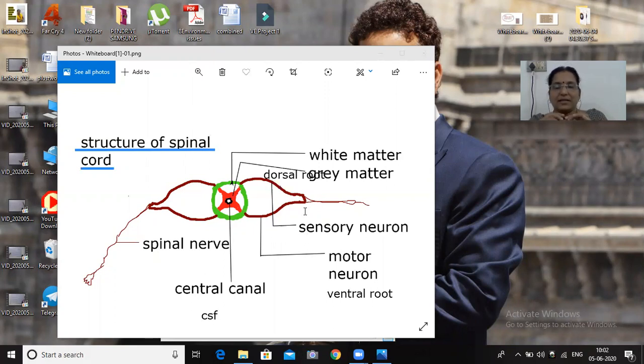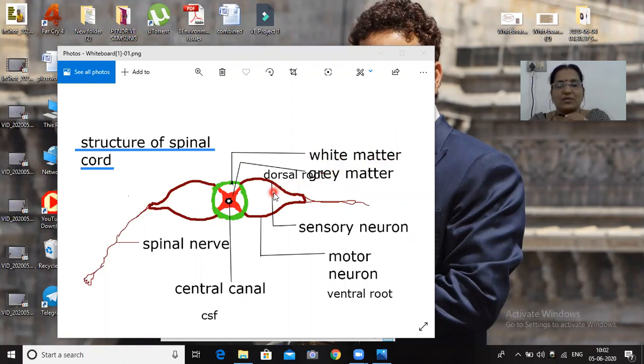Then gray matter. The other two terms are gray matter and white matter. The part of the neuron wherever it is myelinated, that is known as white matter. The part of the neuron wherever it is non-myelinated, that portion is known as gray matter.